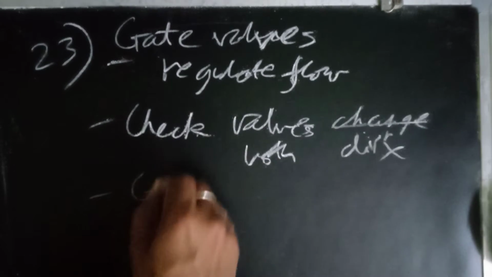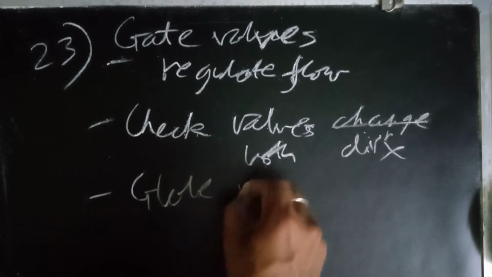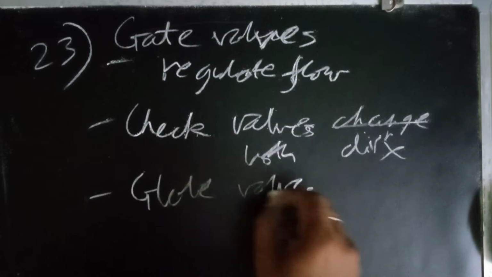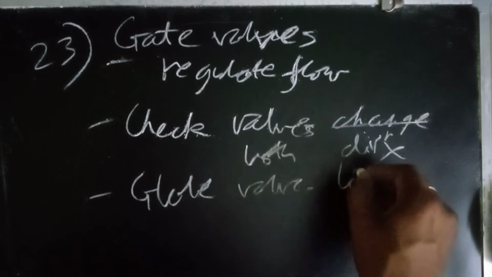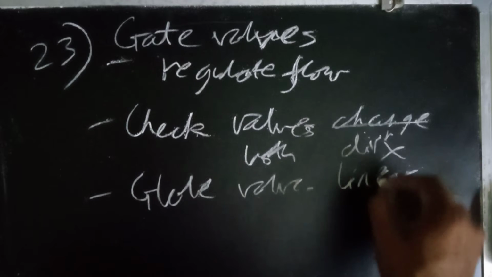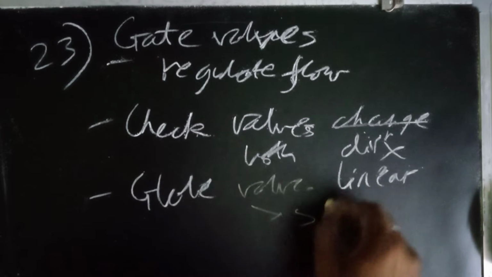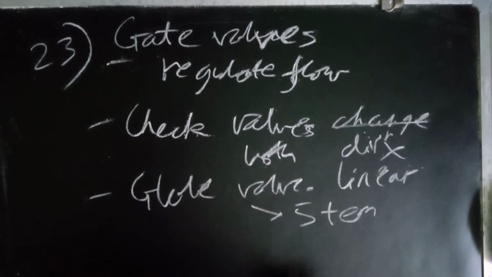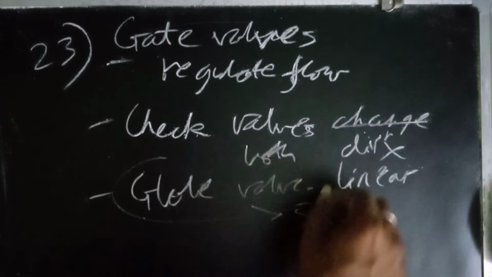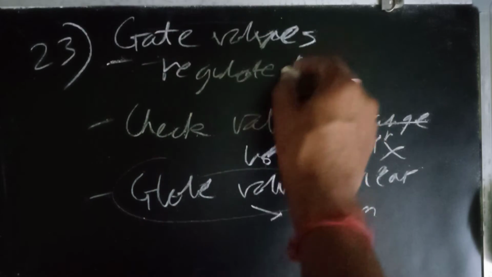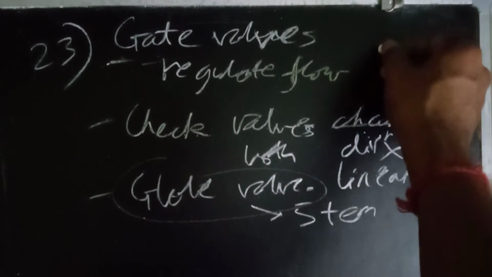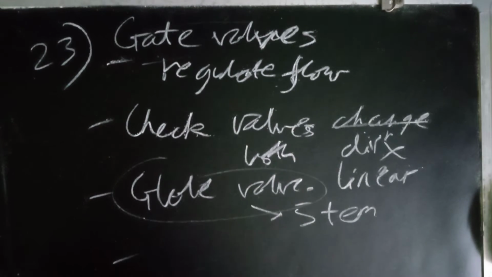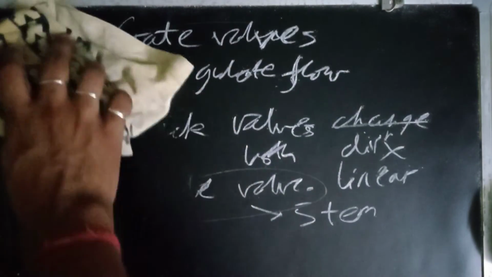Then there was globe valves are linear, move linearly with stem position. So this type of question was there, and I don't think this would be linear. I think gate valves are shut down on-off valves. One more option was there, I don't remember that, and I think that was the correct one, I guess.